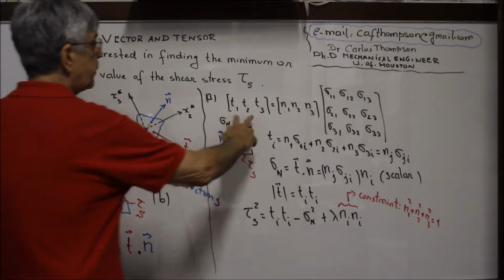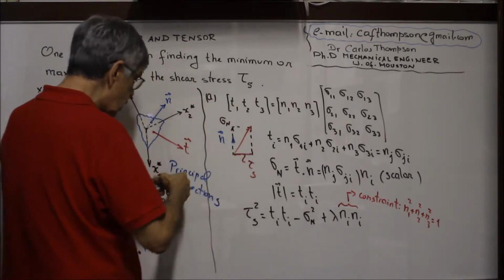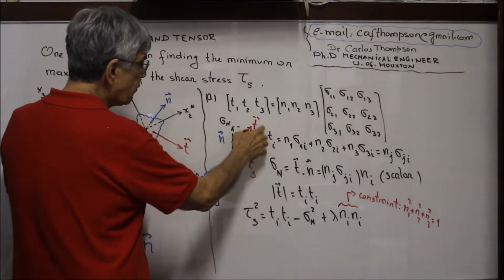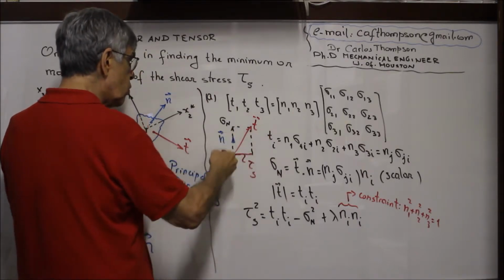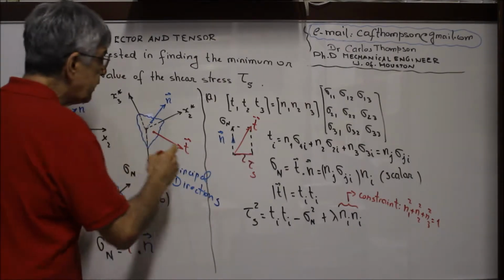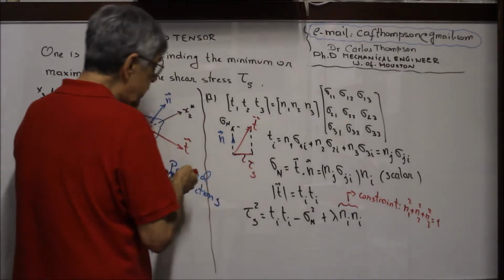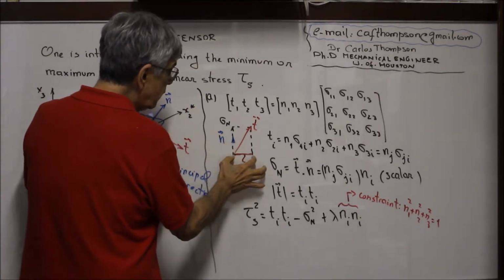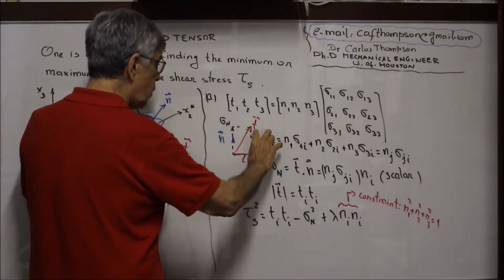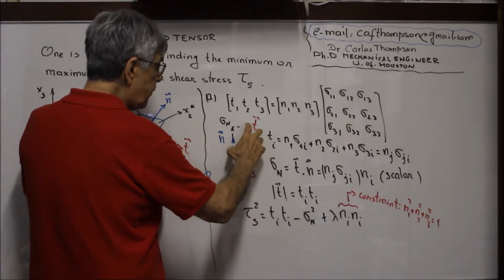Now, the stress vector. First of all, sigma n is the projection of the stress vector lying in the normal to the plane. There's a normal to the plane, and this is sigma n, and this is tau s. You can see clearly that this magnitude squared plus this magnitude squared is equal to this magnitude squared here.